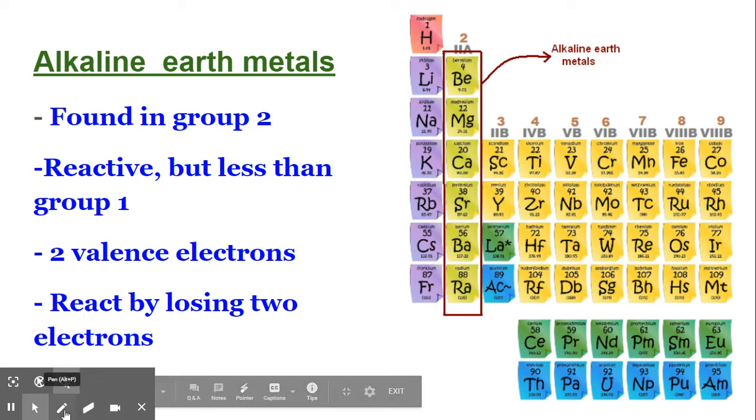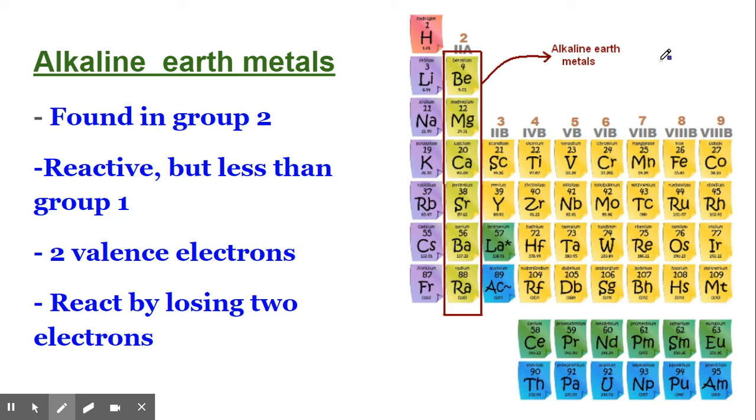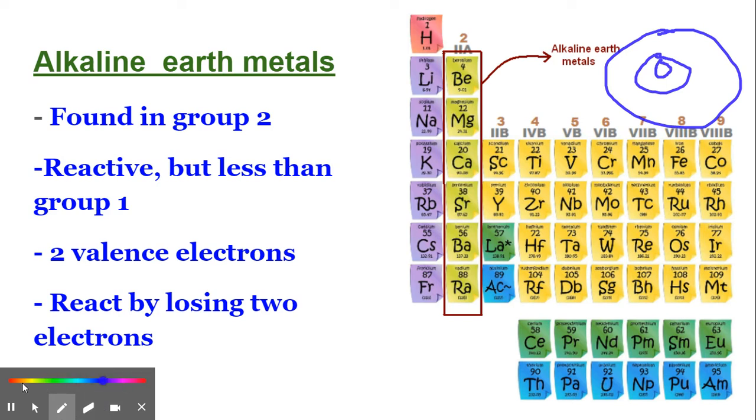Okay, so let's look at why they're losing two. Let's look at magnesium. Let's do that Bohr model. It might take us a while, but I think it's worth illustrating. So we have 1 energy shell, 2 energy shells, 3 energy shells, right? Let's get red here. So we have 1 electron here, 2, 3, 4, 5, 6, 7, 8, 9, 10.